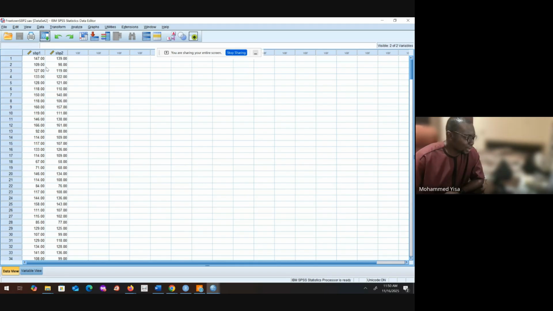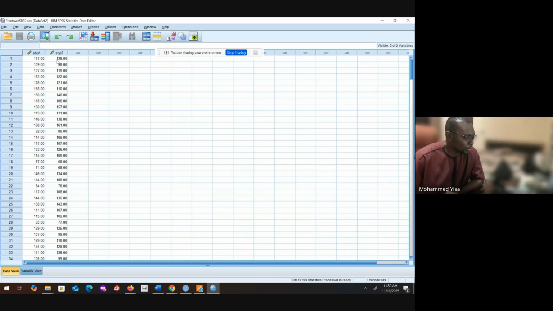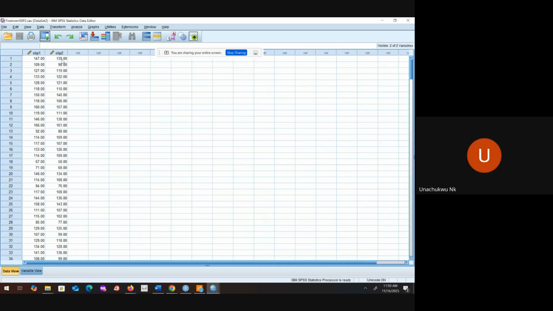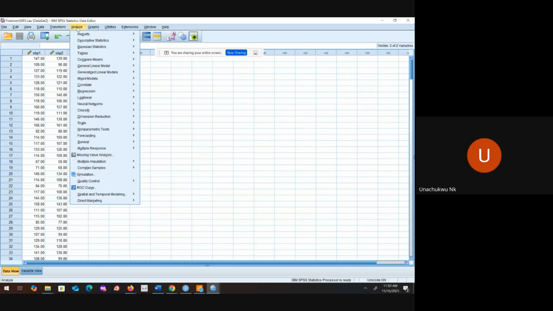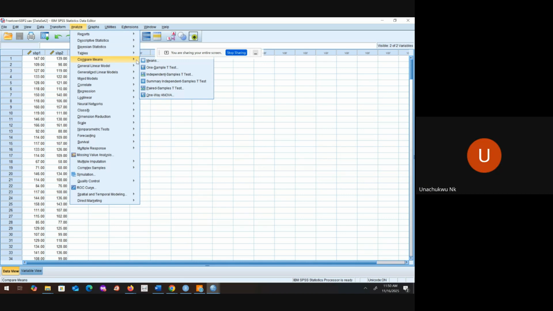It has the SBP1, which is the systolic blood pressure for week 1, and then SBP2, the systolic blood pressure for week 2. So should I redo it again so that you just see me and check? Okay, go to analyze. Paired.